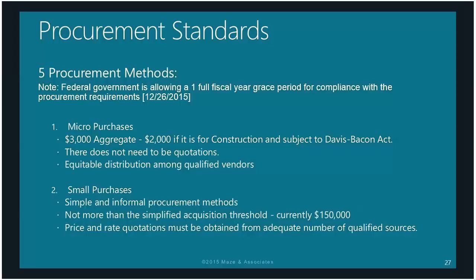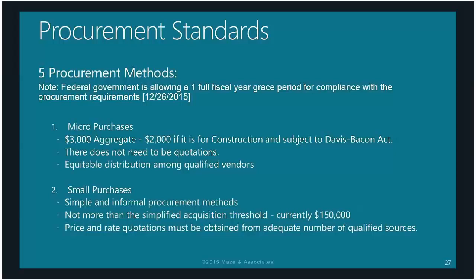And also, if you as an entity have a more restrictive policy, then it might be best that you utilize that method. Again, this should be discussed with your internal accounting team and also your external auditors.